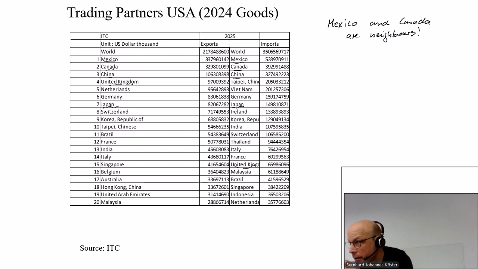Japan is also quite far away. We see here also Germany. There you have to go in the other direction, over the Atlantic Ocean. Also very far away.